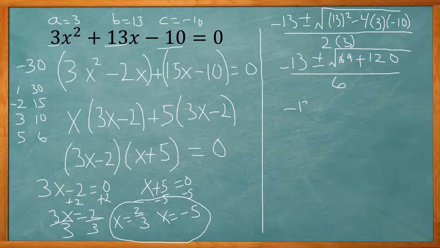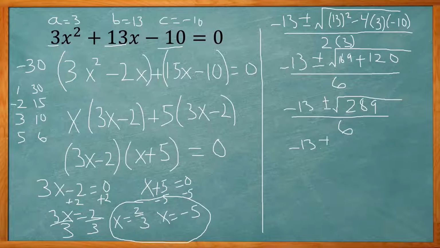So that reduces down to negative 13 plus or minus the square root of 169 plus 120, which is 289, divided by 6. Now we're going to evaluate the square root of 289. That's going to be 17, divided by 6.